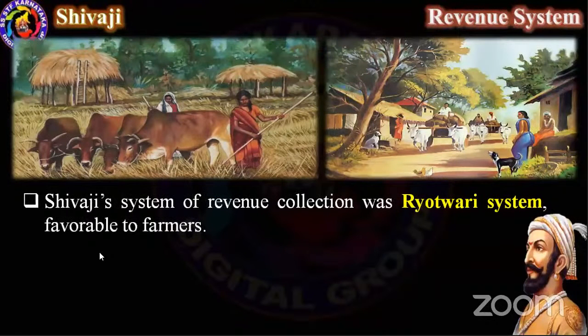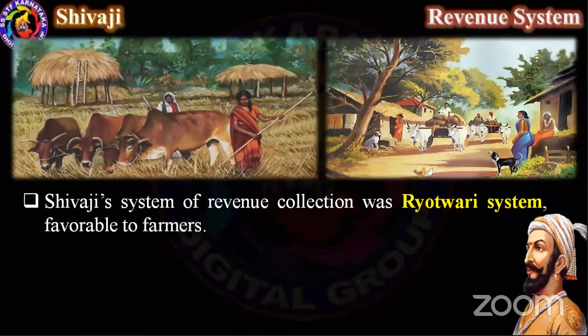Shivaji's system of revenue collection was a Raitwari system, favorable to farmers. Raitwari system means farmers paid tax directly to the government.